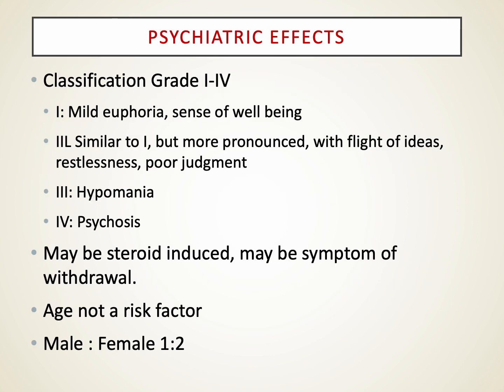The psychiatric effects we typically will see, we grade them as class 1, 2, 3, or 4, but we see these with high-dose corticosteroids. Where you're going to really worry about this most often is a patient with an underlying mental health history or who has post-traumatic stress disorder with high-dose methylprednisolone.